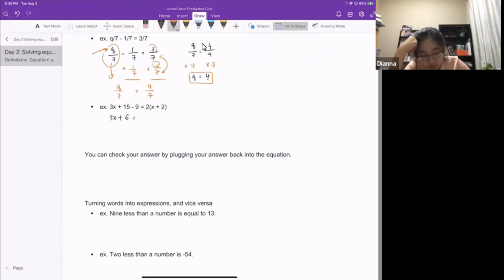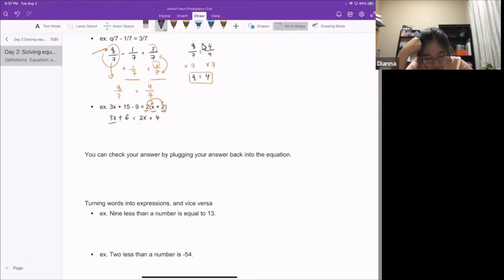So this is the distributive property that we were talking about yesterday. So this arrow drawn here and here. So this 2 is going to be multiplied to both the x and this 2. So it's going to give me 2x plus 4. And so now it looks a bit better, right? So I want to get x by itself.